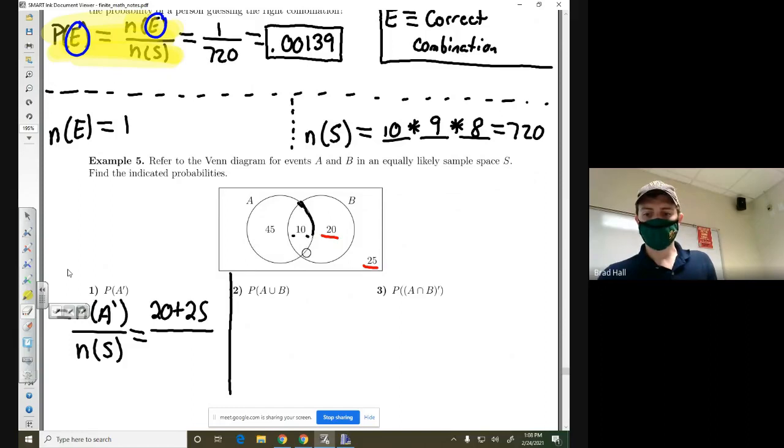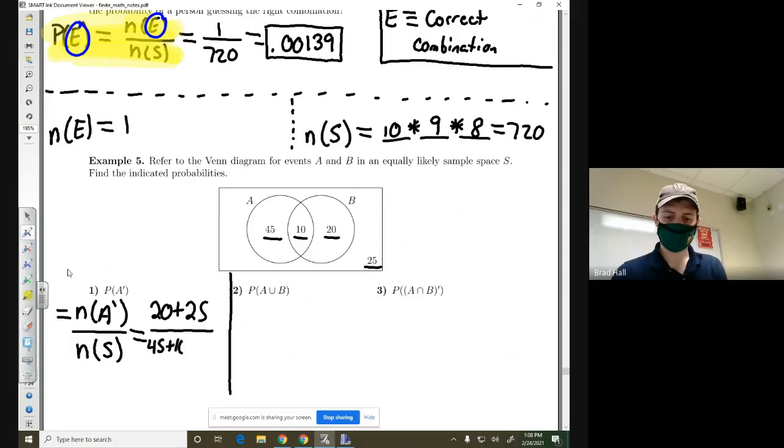The total number of options, well, that's just all the numbers added together. 45, 10, 20, 25. So that's 45 divided by, let's see, 55, 60, 75, 100. Which just comes out to be 0.45.